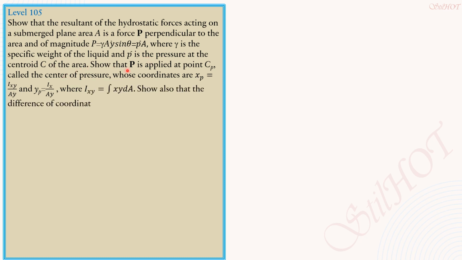Show that P is applied at point C sub P, called the center of pressure, whose coordinates are x sub P, which is given by Ixy over area barred y, and y sub P, which is equal to Ix over area barred y, where Ixy is the integral of xy dA. Show also that the difference of coordinates y sub P minus barred y is equal to k barred x prime squared divided by barred y, and thus depends upon the depth at which the area is submerged.